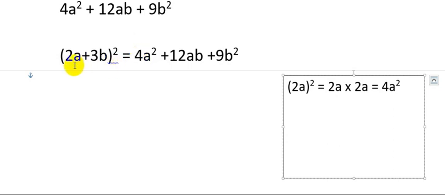And always remember, when we take the square of a binomial expression, our answer ends up with 3 separate terms, as I have written here.